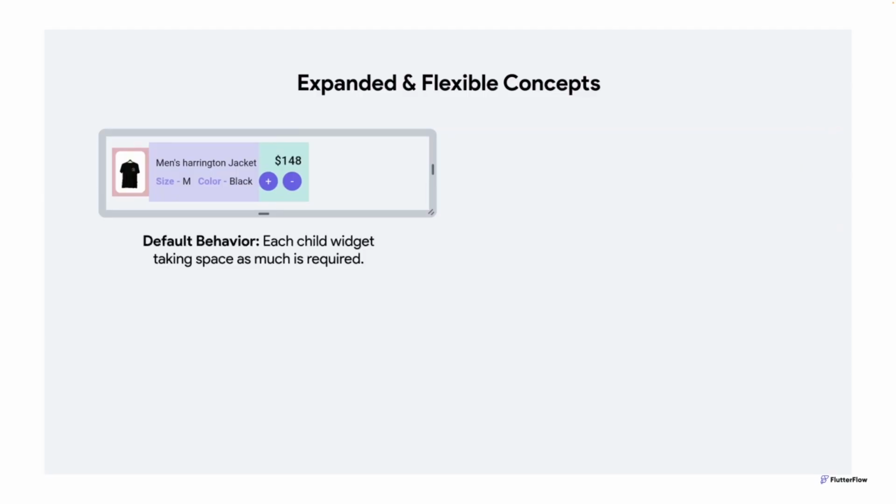Well, let's talk about expansion properties. Default makes the widget not fill space along the main axis. And when we're talking about main axis, it means horizontal for row, vertical for column, as we have seen. Therefore, it takes the minimum space required by its content.